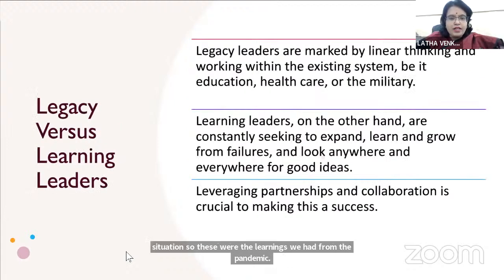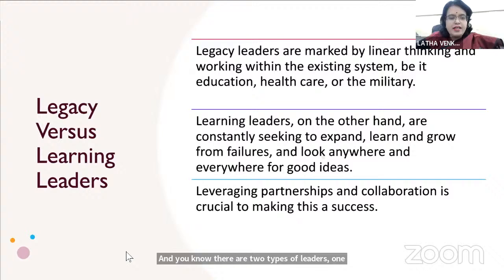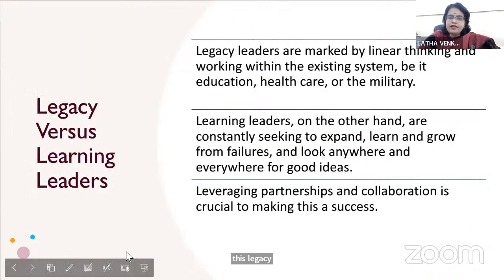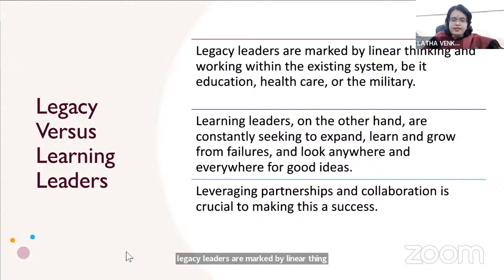And there are two types of leaders: legacy leaders and learning leaders. Because in this session, we have to discuss the leadership strategies which will help the nurses to overcome the challenges of the pandemic. Who are these legacy leaders? Legacy leaders are marked by linear thinking and working within the existing system, be it education, healthcare, or whichever setting they are working in.